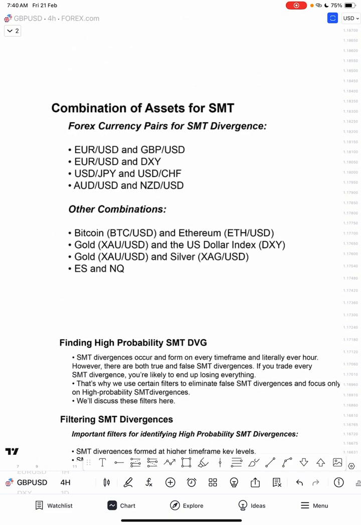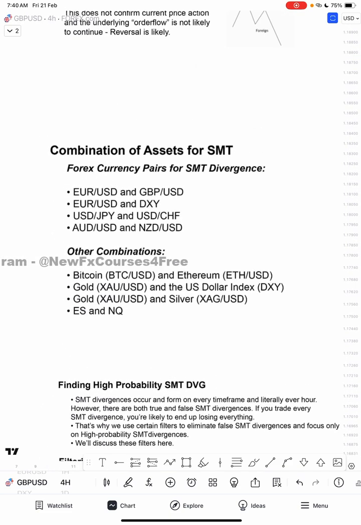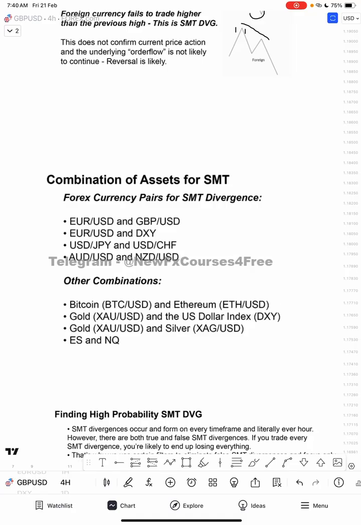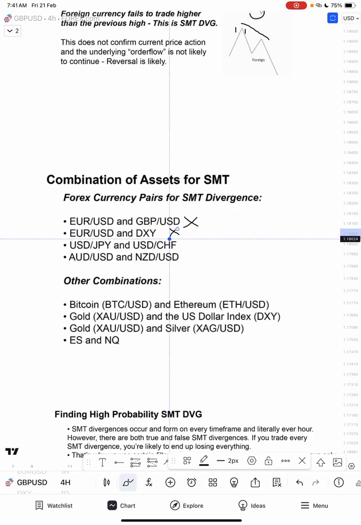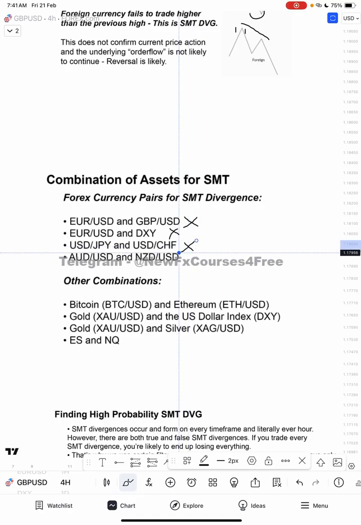So combinations for SMT. Foreign currency pairs: EURUSD and GBPUSD, USDJPY and USDCHF, that's your number three, AUDUSD and NZDUSD.